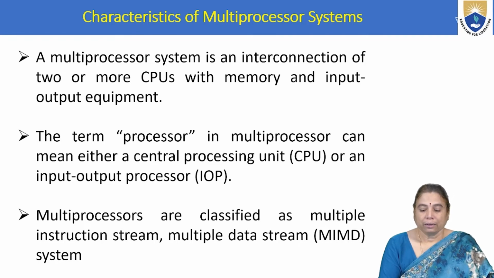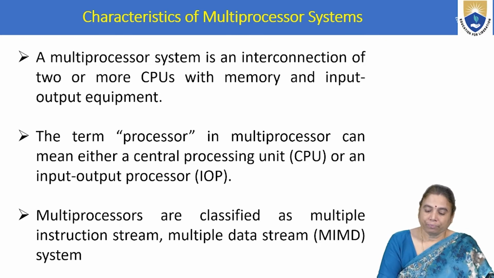Next, the term processor in multiprocessor can be either a central processing unit or an input-output processor. So all peripheral devices, that means the input devices and the output devices, can be connected to a single processor, called the input-output processor, for control and arbitration of various input and output devices.